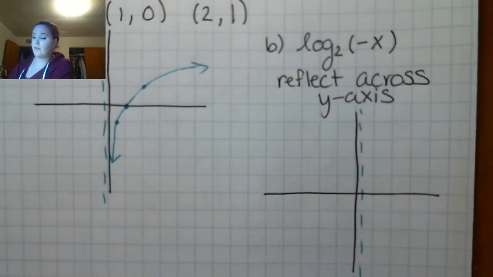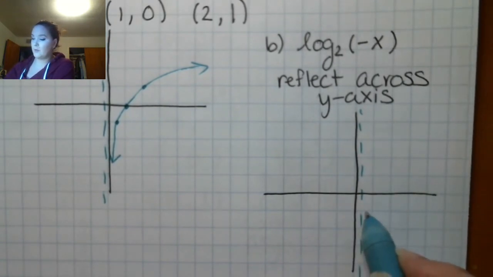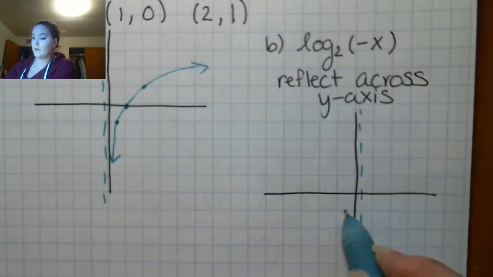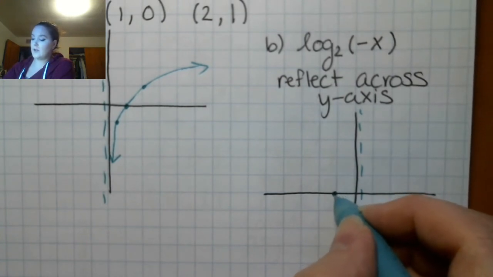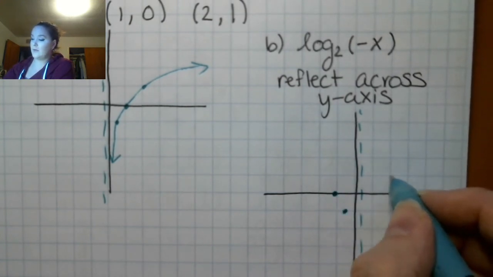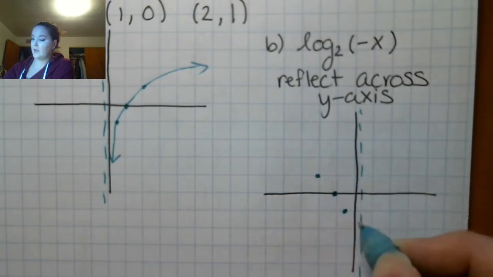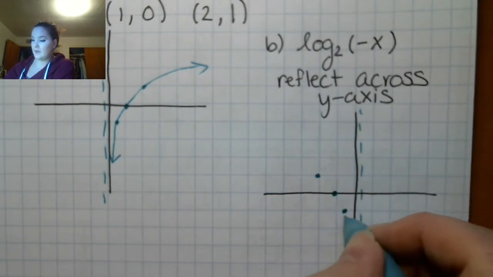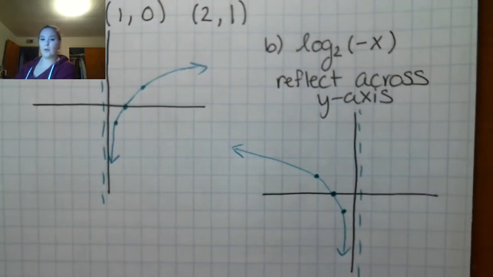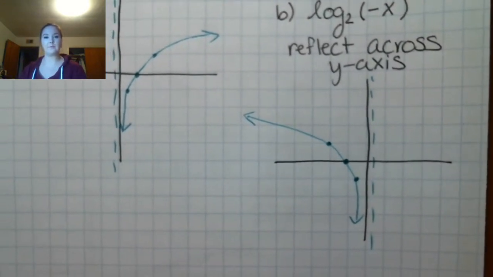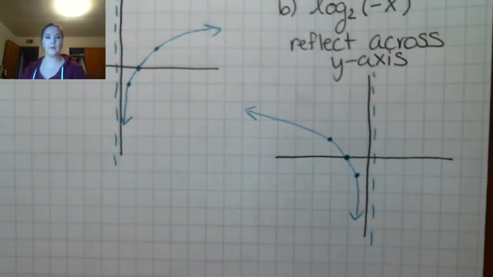Then we're going to reflect all of our points across. The point that was here is going to get reflected across here. The point that was here is going to reflect across here. And the point that was here is going to get reflected across like this. So we can see that the graph is backwards of what it previously looked like.